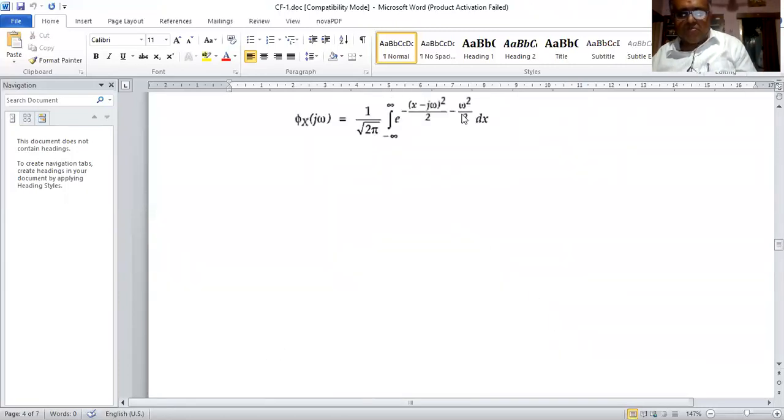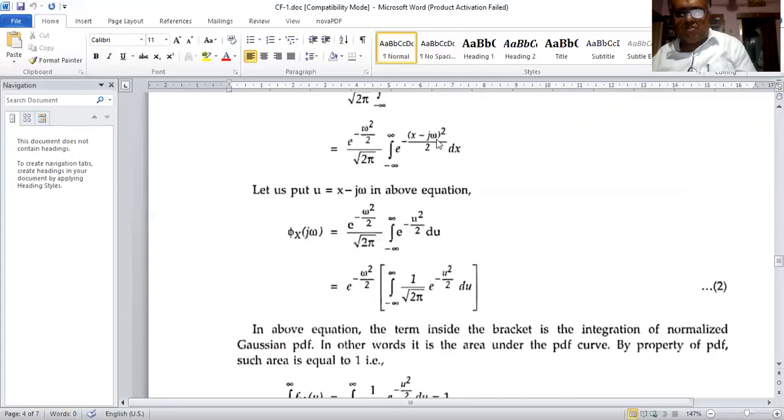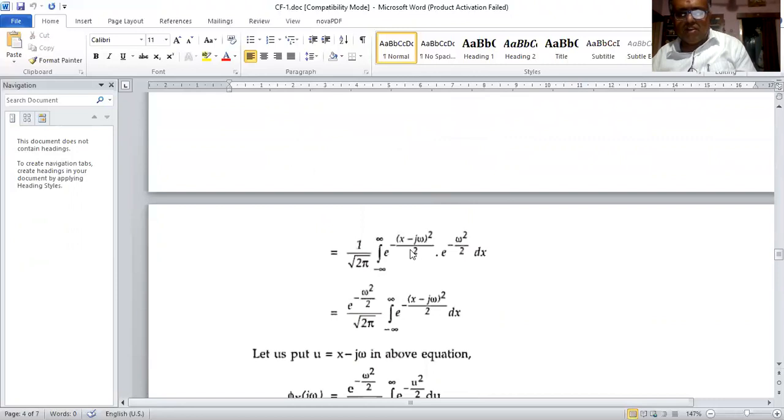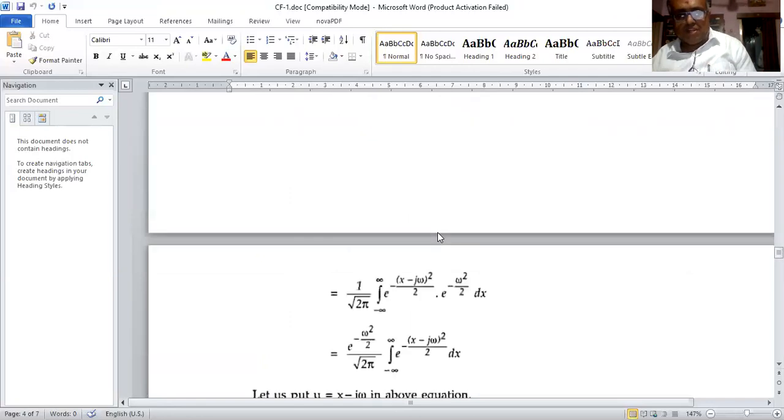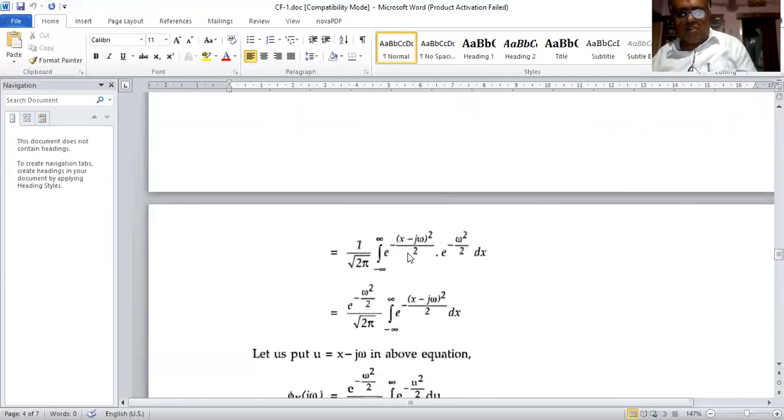Now break this exponential into a product of two exponentials. So I can write it as e to the power of minus omega squared by 2 into e to the power of minus x minus j omega the whole squared by 2, and of course 1 by root 2 pi is there.